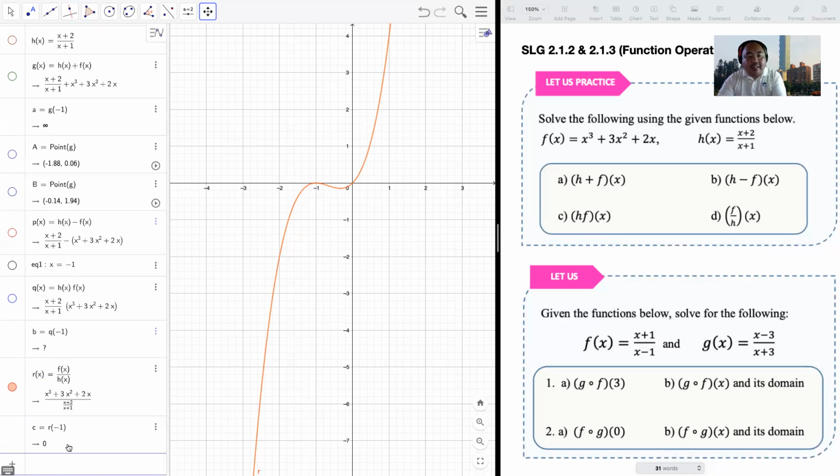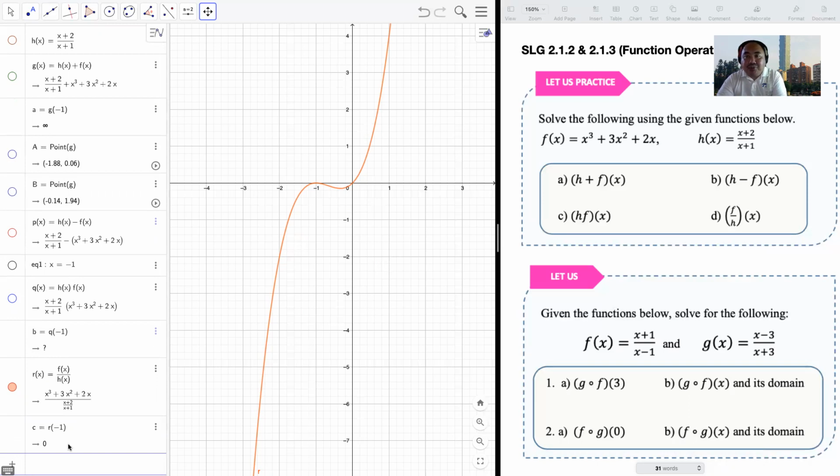I guess what GeoGebra did here, at the back end, is that it's not able to show it, but GeoGebra did simplification. It put x plus 1 on the numerator together with x cubed plus 3x squared plus 2x and left x plus 2 as the denominator. And that is why when you substitute x with -1, you will get 0.